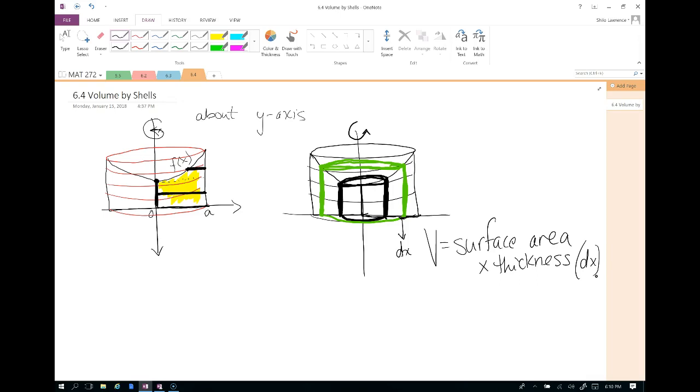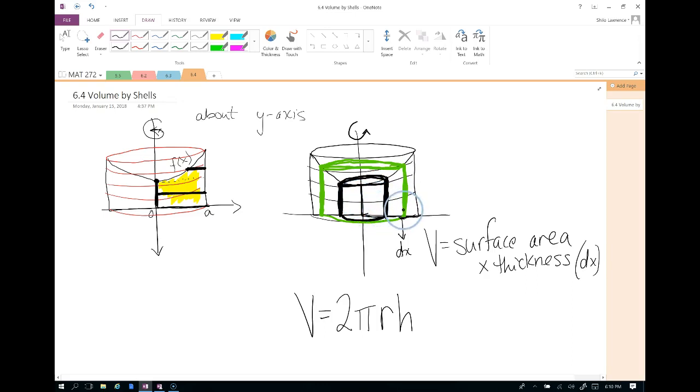So just from geometry, we know that the surface area of a cylinder is 2 times pi times the radius times the height. Those are two things that we just noticed in this example up here between the black cylinder and the green cylinder, that there were two differences that we're going to have to account for.